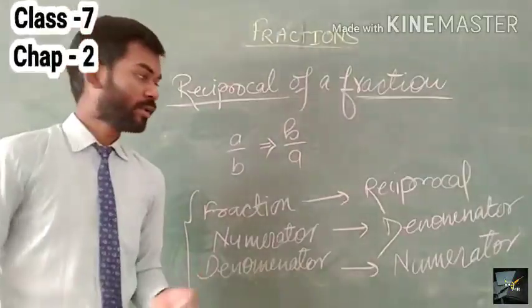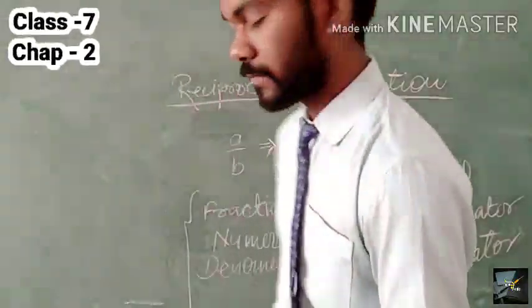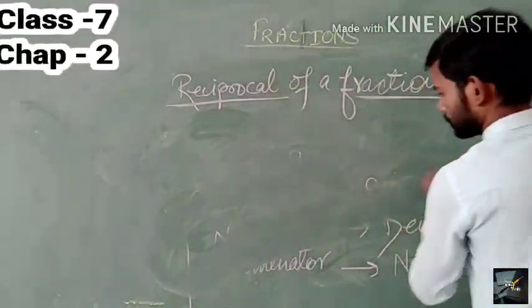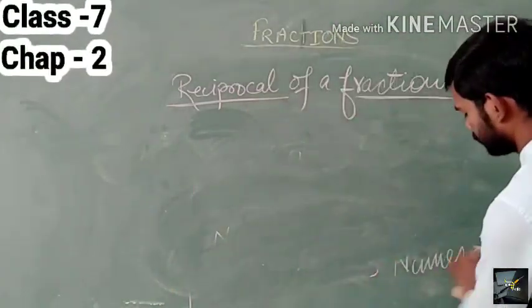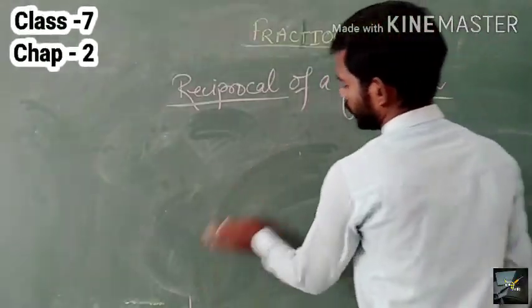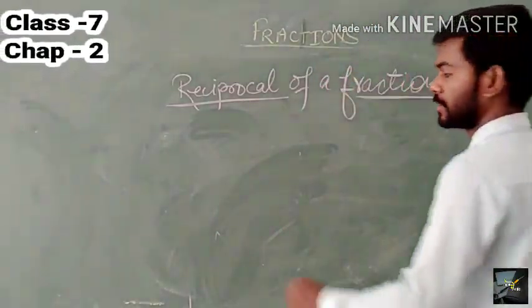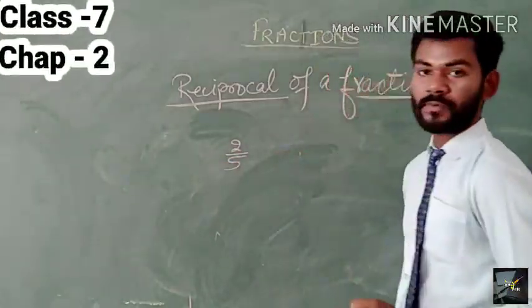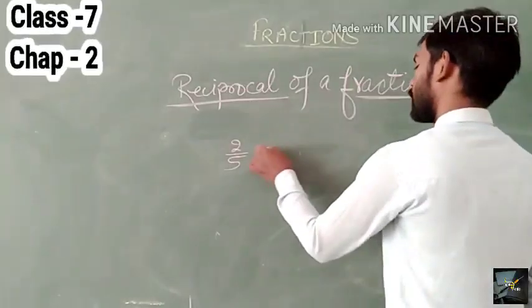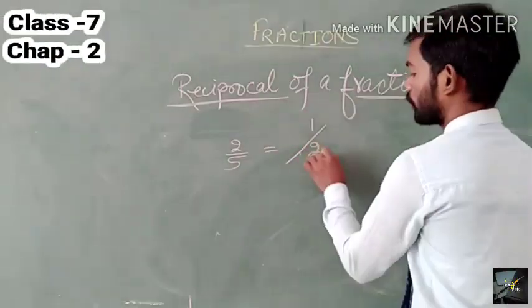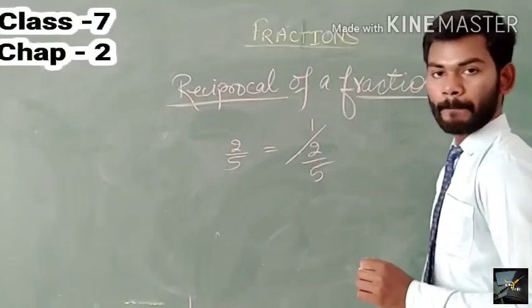So for example, let us see some question. In order to write the reciprocal of a fraction, suppose that 2 upon 5 is a given fraction, then its reciprocal will be written as 1 upon 2 upon 5.